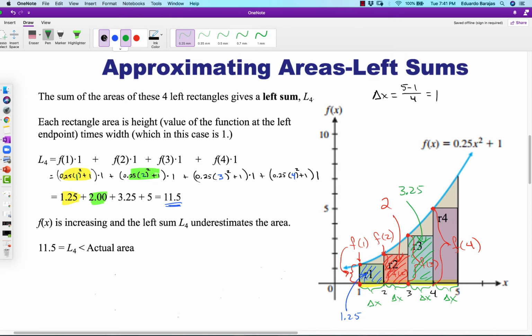And finally, that this last one, that whole area is 5 units. Okay, so I'm going to add up the 1.25, the 2, the 3.25, and the 5, and the sum of all four of those is 11.5. That is my first guess for the area, the total area in brown.